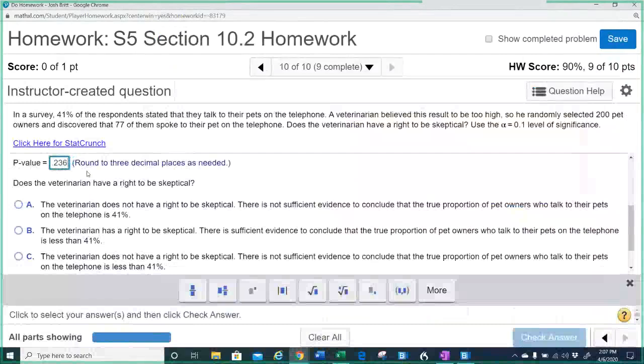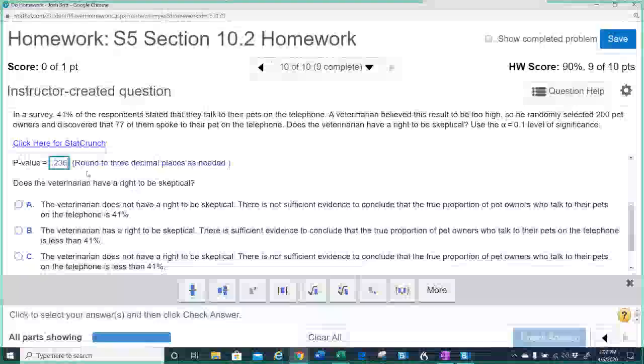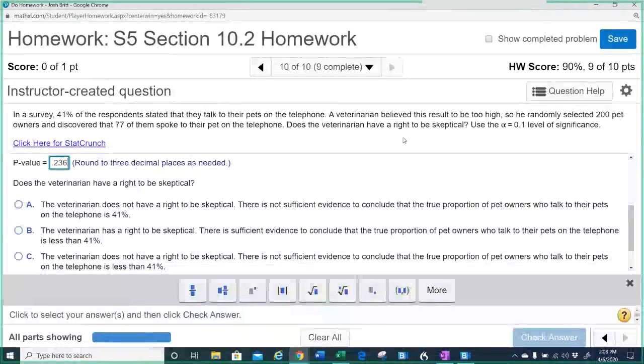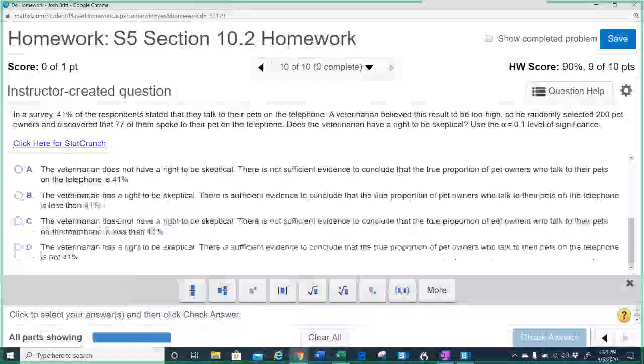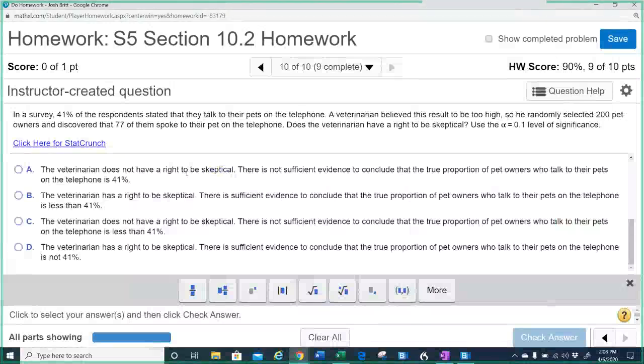And so, no, the veterinarian's claim is not valid. So he does not have a right to be skeptical. There is not enough evidence to conclude the true proportion of pet owners who talk to their pets is less than 41%.